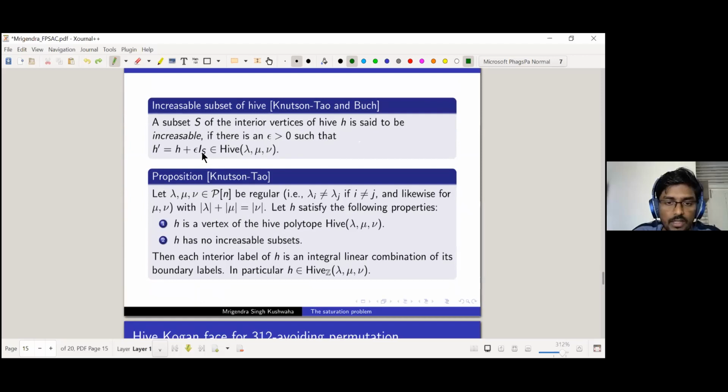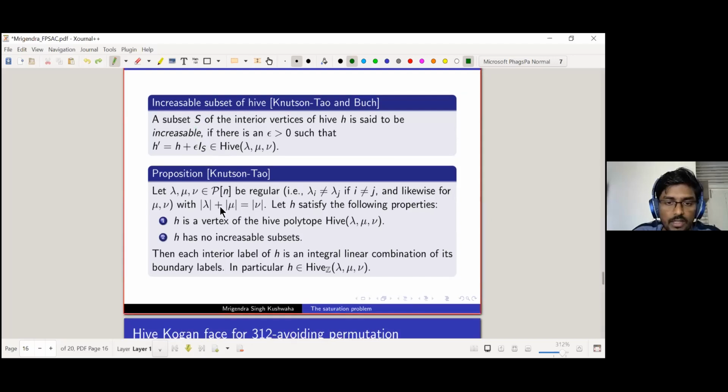Mathematically, I write this as H plus epsilon times I_S, where I_S is the indicator function of S. Suppose this is again a Hive. Since you increase it, you don't know whether it will satisfy the rhombus inequality or not. But if it still satisfies it, then this will again be a Hive. Then we call this subset S an increasable subset.